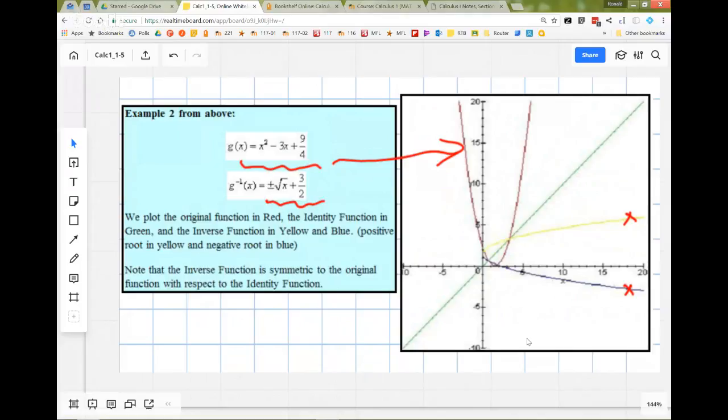All right, now we need to discuss something in the book. They kind of get all hyper about this because the original red curve, the red parabola, that's a function. It passes the vertical line test, right? But when you look at the green and blue together for the inverse, they go, oh my gosh, that's not a function.